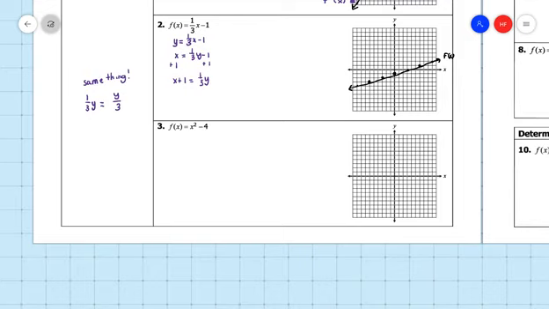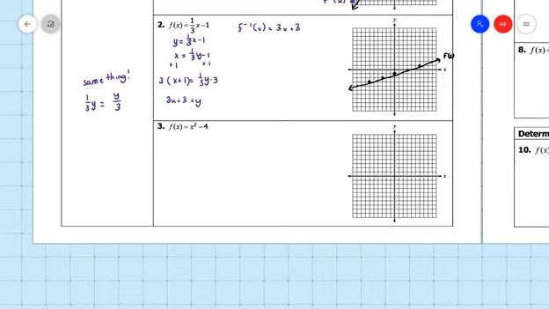So to get rid of that 1/3, I'm going to multiply by 3. So 3x plus 3 is equal to y. And then that means my inverse function is 3x plus 3.